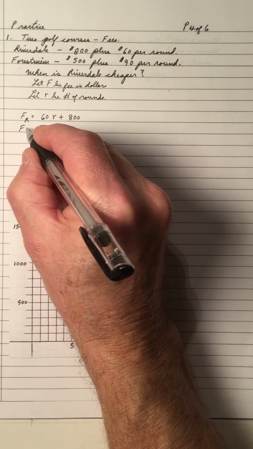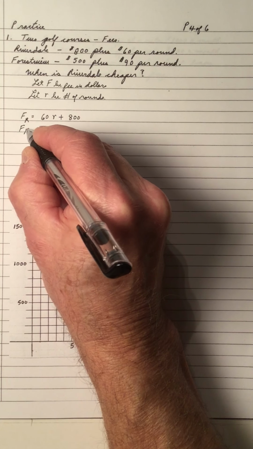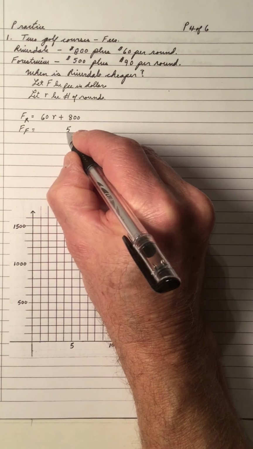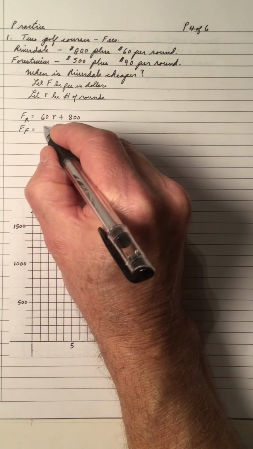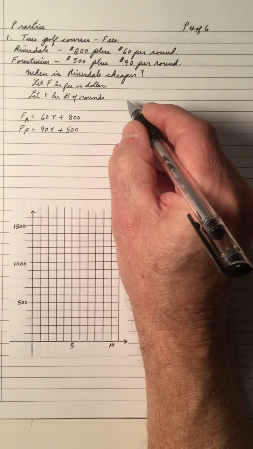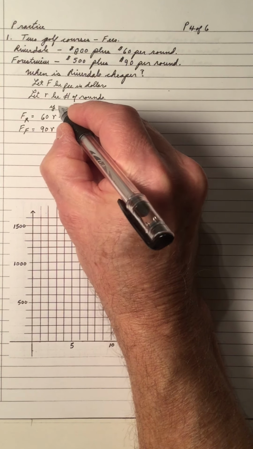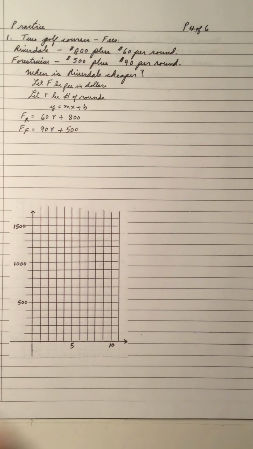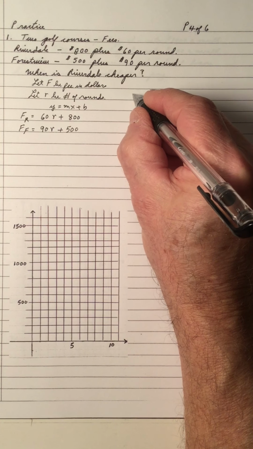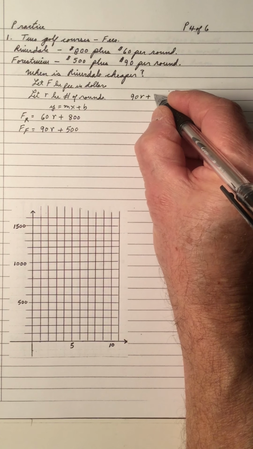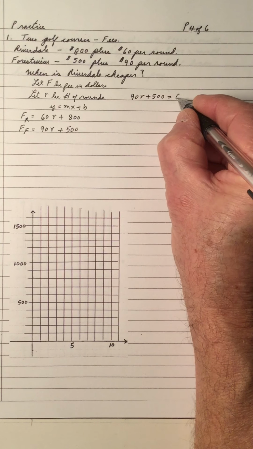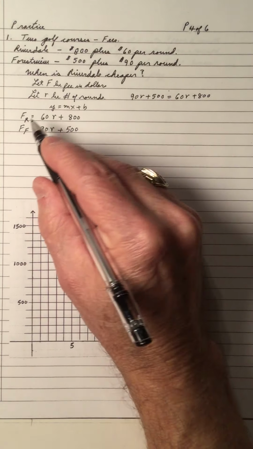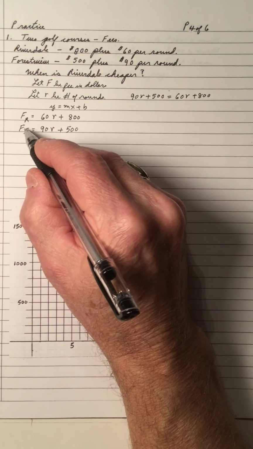And for the fee for Forest View, I'm going to use F for Forest View, it starts off at $500, and you're paying $90 per round. Again, the equations are like y equals mx plus b. So if I take the two equations and go 90R plus 500 equals 60R plus 800 and solve them, the two fees are going to be the same.